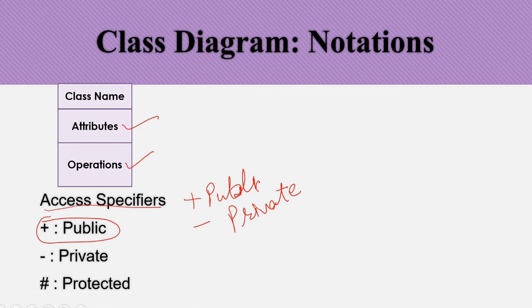Next we have the notation of the hash. Hash is representing the protected access specifier. So while defining the attributes you must include these notations, plus, minus or hash, depending on your application's requirement.